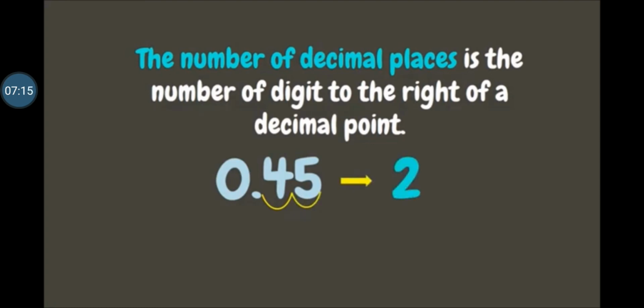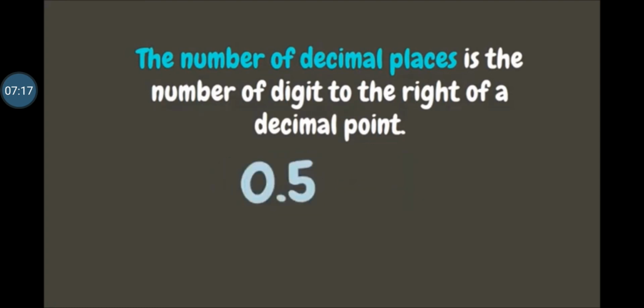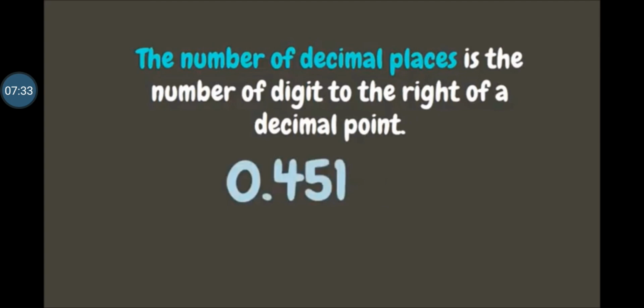In the same way, we have another number, 0.5, and it has only 1 decimal place. Let's have another number, 0.451, and this number has 3 decimal places.